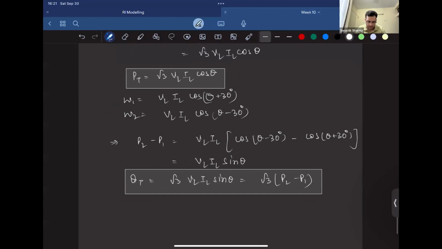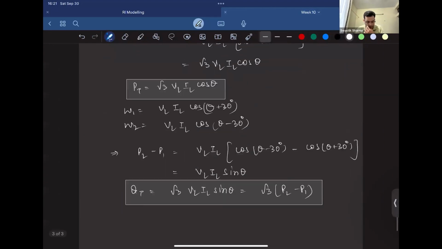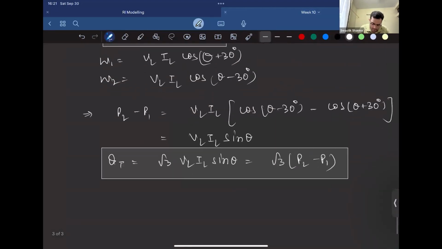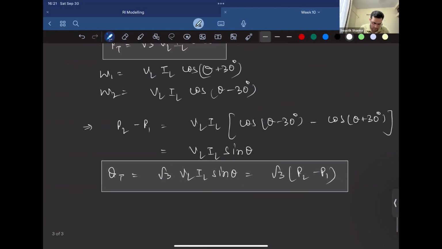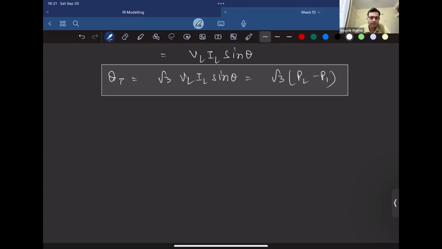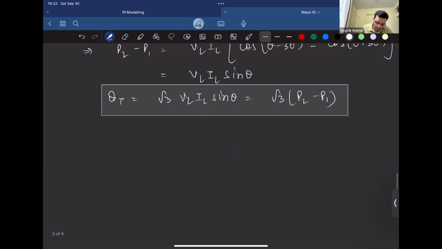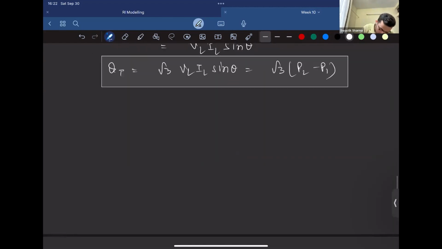So this is an interesting conclusion. And what else? Okay, so that was this QT. Any other thing that we got? So that is the 2 wattmeter method. Let's solve some questions so that you are able to solve it for your assignment too.